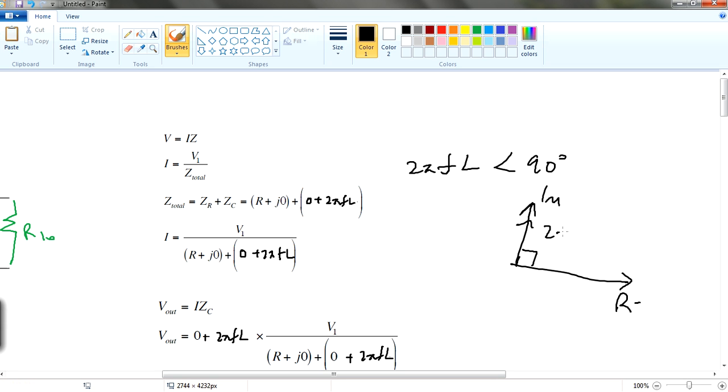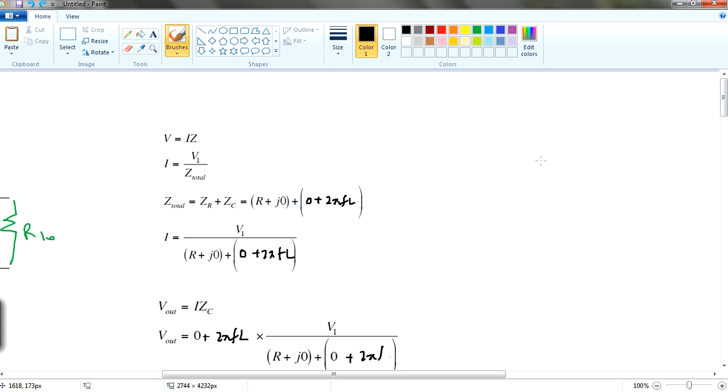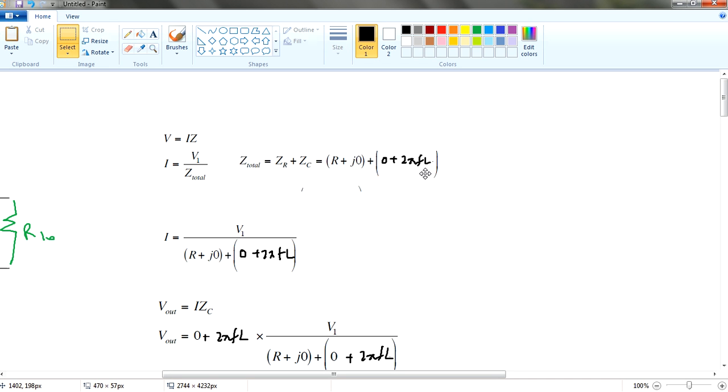So this is 2 pi FL. This is simply the V total, so I just change the V total into this one and sub back in here. It's exactly the same thing.